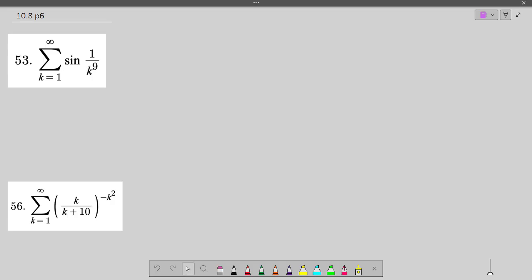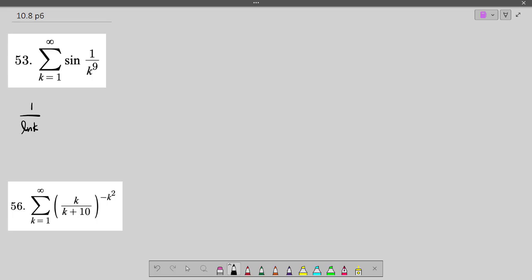The last thing on our list is the comparison test. And we did do the comparison test with a couple of oddball things. Like we had 1 over the natural log of k. You know, that's in a similar boat here where we compared this to 1 over k and we were able to show that this diverged.